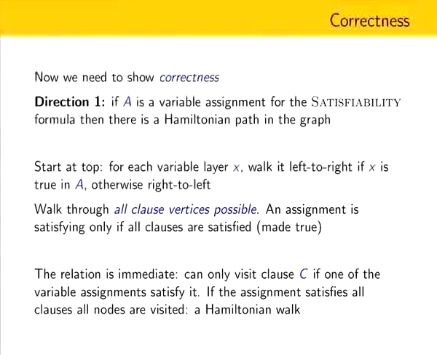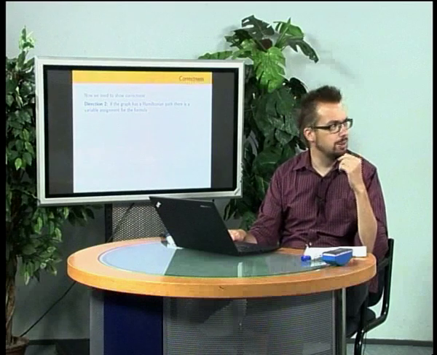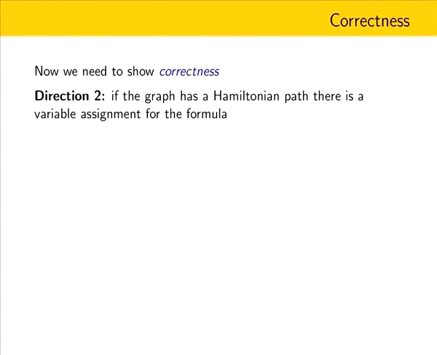Yeah, this is really all there is to say about it. The other direction is not much harder. Here one needs to be careful because one has to make a fairly stringent argument why you cannot skip layers. We will not really do this because basically the proof I don't think is more illustrative than the intuition. So you must start at the top, must end at the bottom. It is in fact not possible to skip around.